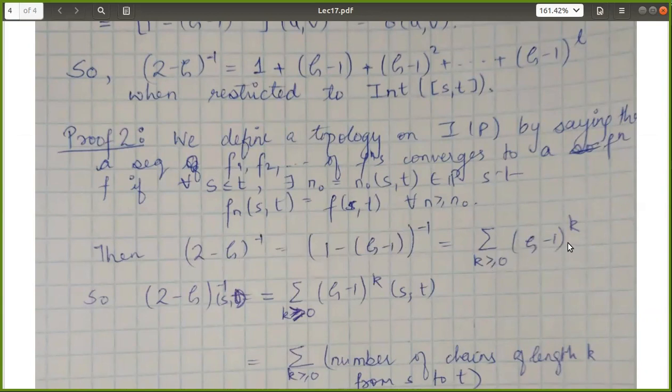This is the summation of zeta minus 1 raised to k, and the summation ranges over all non-negative k's. So 2 minus zeta inverse applied on st gives you the summation of zeta minus 1 raised to k applied on st for k greater than or equal to 0. But this is the number of chains of length k from s to t.